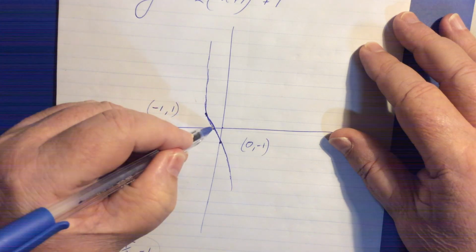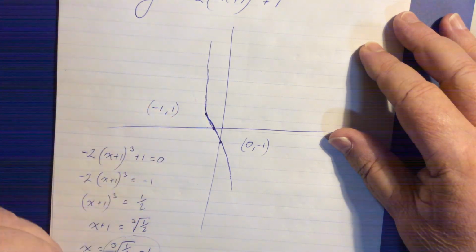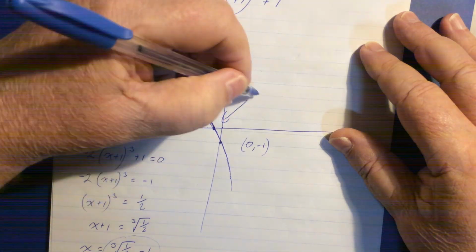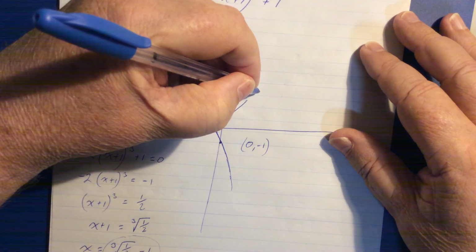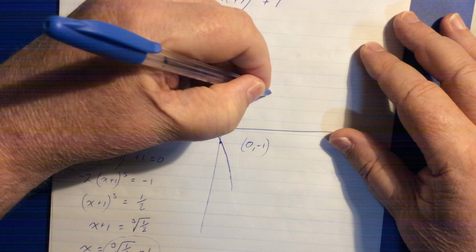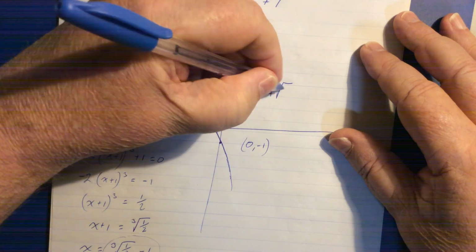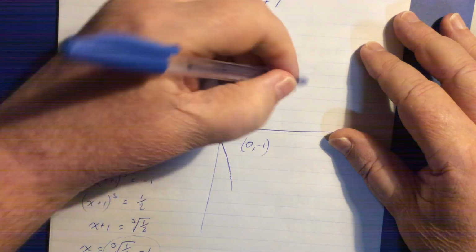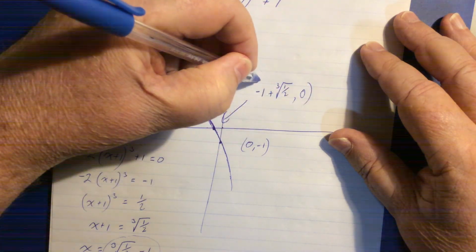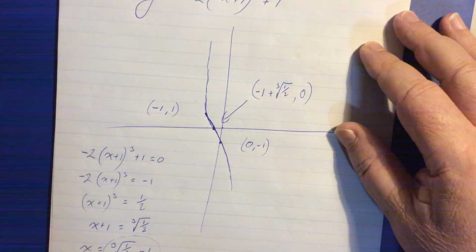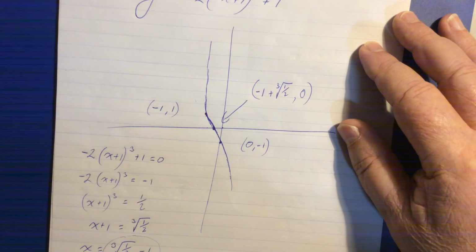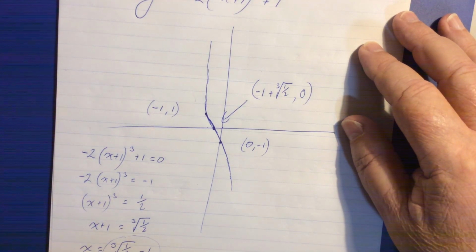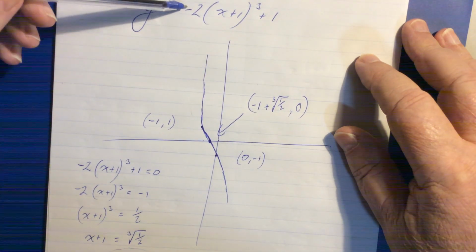I'm no artist. And this point here is, we'll say -1 plus the third root of 1/2, 0. That's that point.